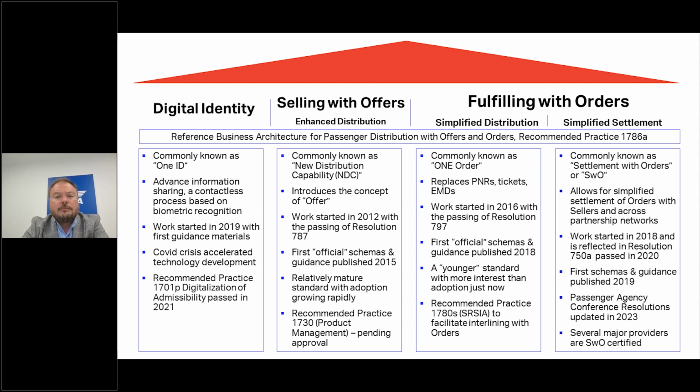This is why this reference architecture is identified as a transversal sort of standard, or rather recommended practice, that is there to demonstrate the end-to-end requirement for capabilities for airlines to have, and it serves both airlines and partners as a way to make sure that all of the capabilities that are required to support retailing are actually looked at and somehow tied in with the standards that we need to develop.